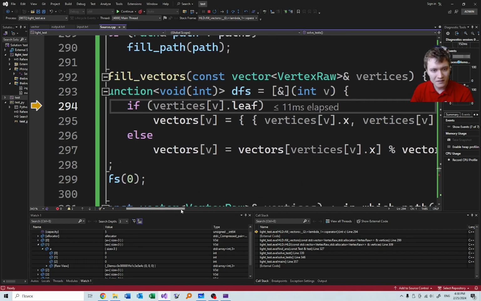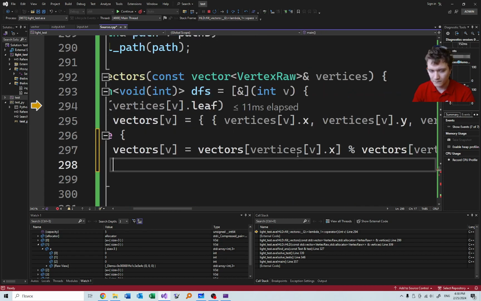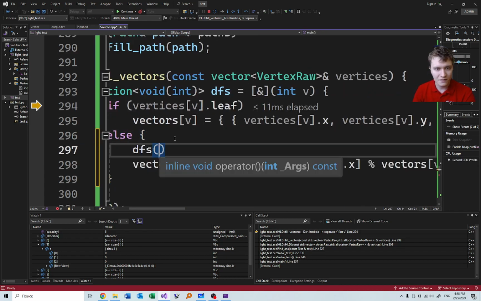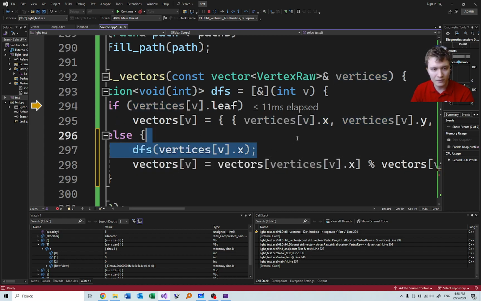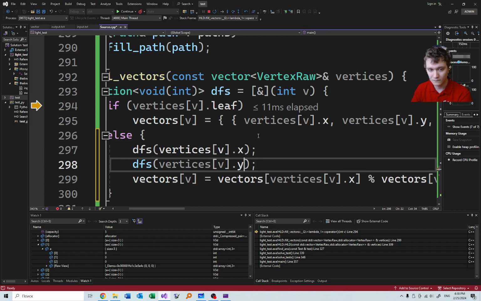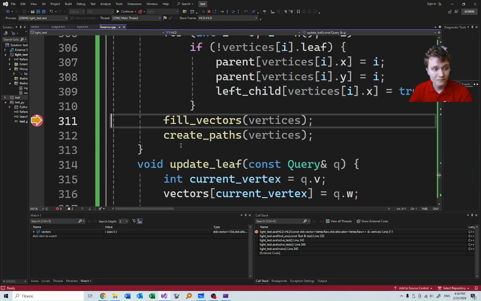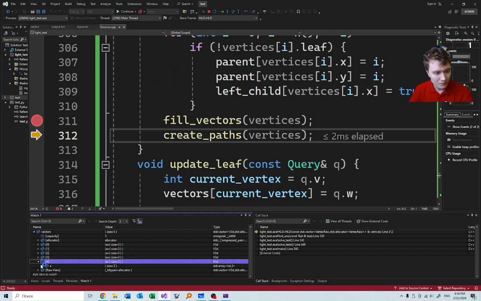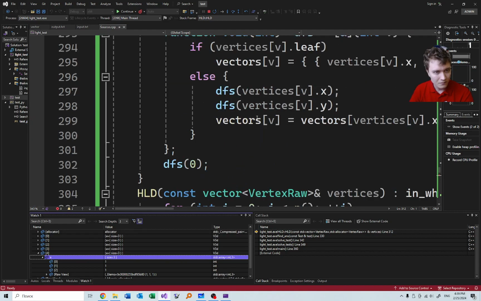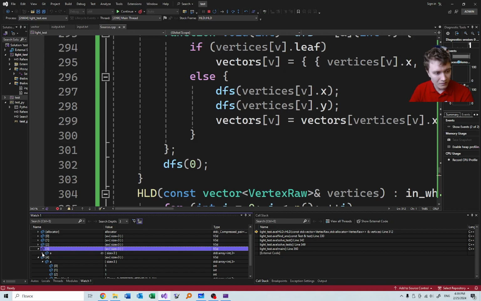Ah, we didn't run DFS. It's funny. So we need to run DFS of vertices X and vertices Y. Okay, did we make it now? 1, 1, 1, 2, 0, 2, 1.